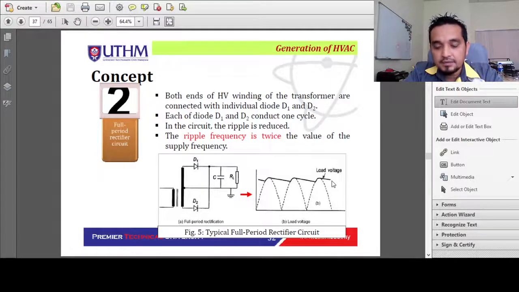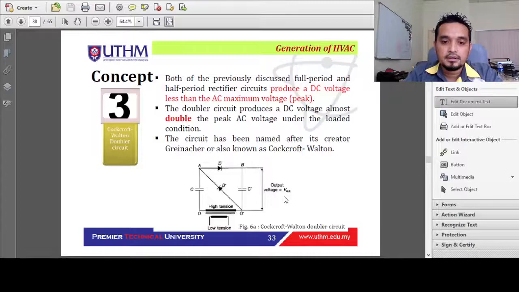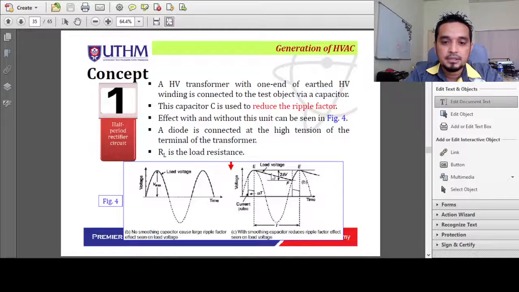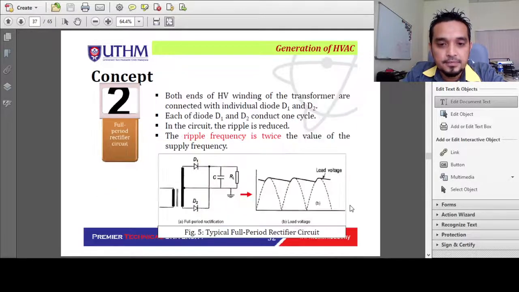So we will have a better ripple factor, and the ripple frequency is double that of the half wave. It means that for the full wave, the ripple is magnified, it is double. So we will have a higher maximum value for the full wave rectifier circuit.